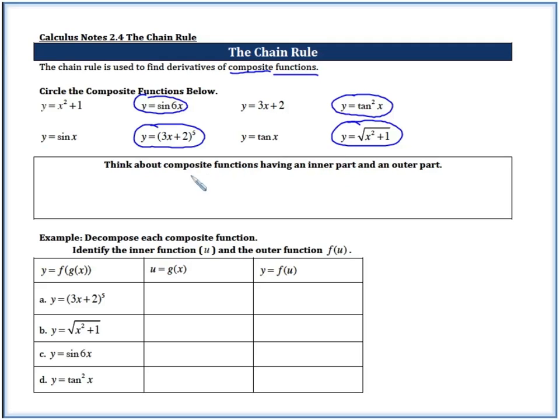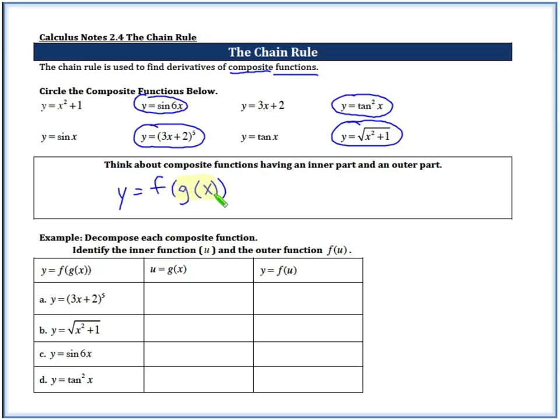Now when we think about composite functions, remember they look like this. y equals f of g of x. Okay, just like that. Now when we look at this, we can see that there is an inner part.